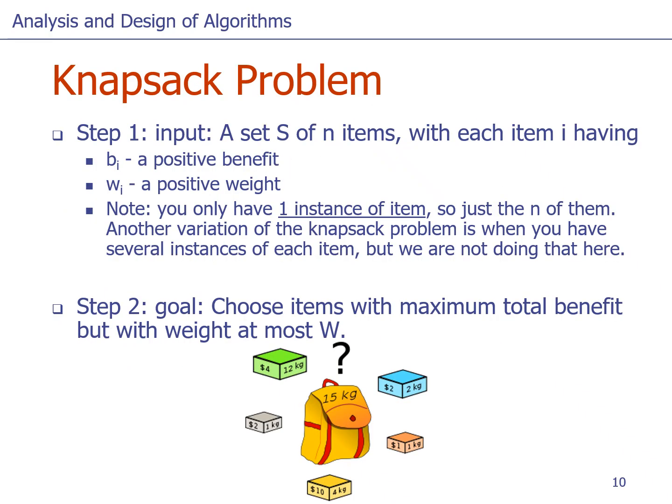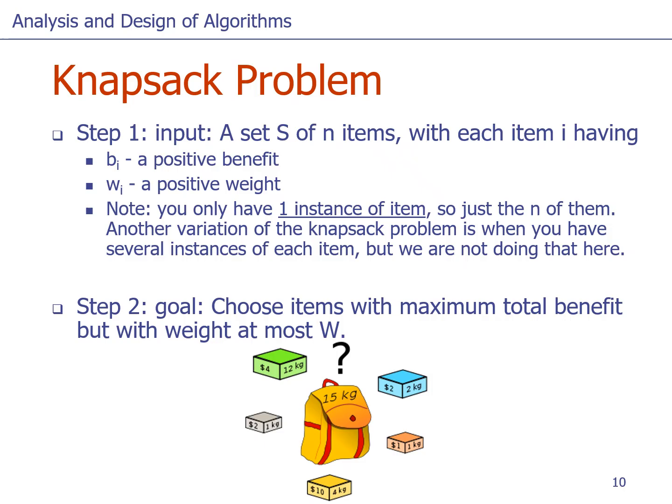Now, in the case of the knapsack problem, I think it's very clear what the configuration is. The configuration is the set of items I'm going to take from, which are these blocks that have monetary values, okay? So I have showed you before the steps you go through in creating a greedy algorithm.